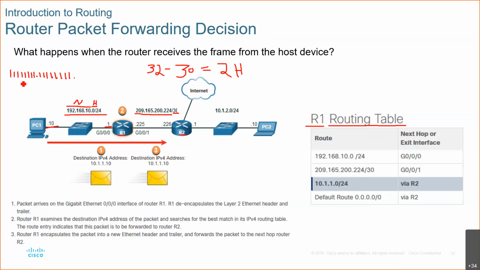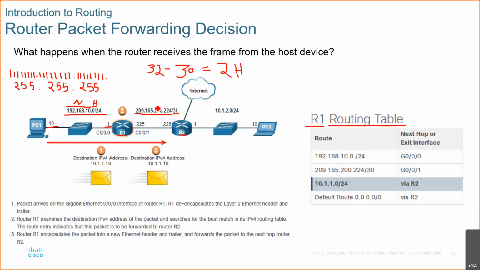255.255 dot 1, 2, 3, 4, 5, 6, 7, 8. So that means the subnet mask, instead of writing /30, you can also write 255.255.255 dot.